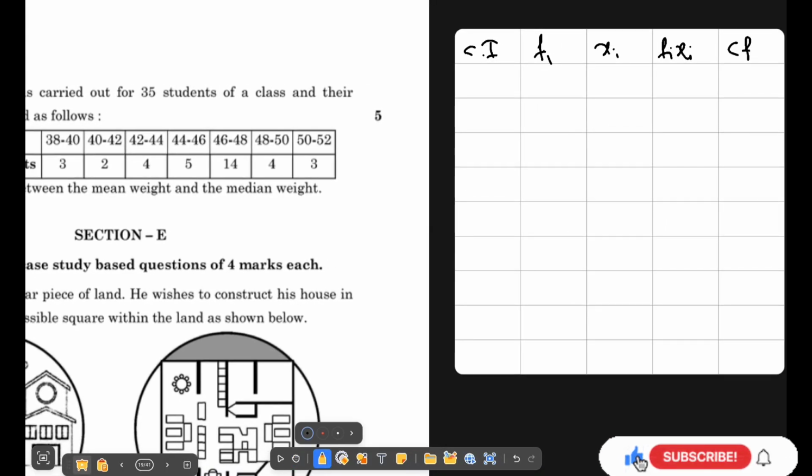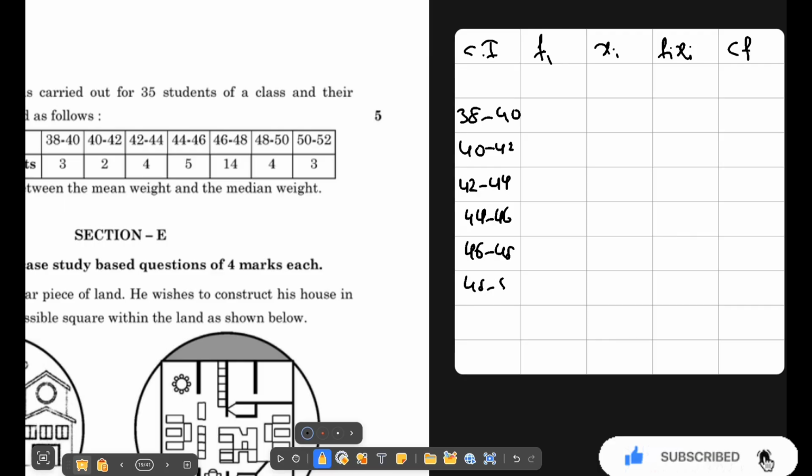So what are the numbers? Class intervals 38 to 40, 40 to 42, 42 to 44, 44 to 46, 46 to 48, 48 to 50, 50 to 52.